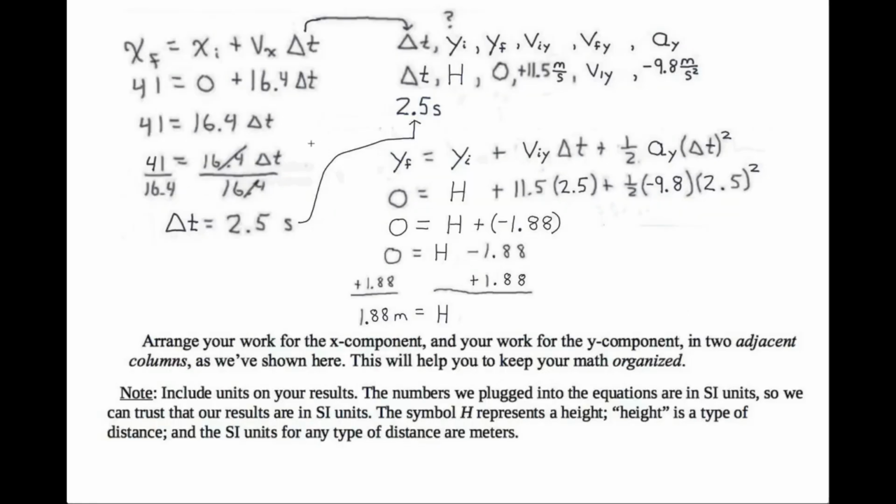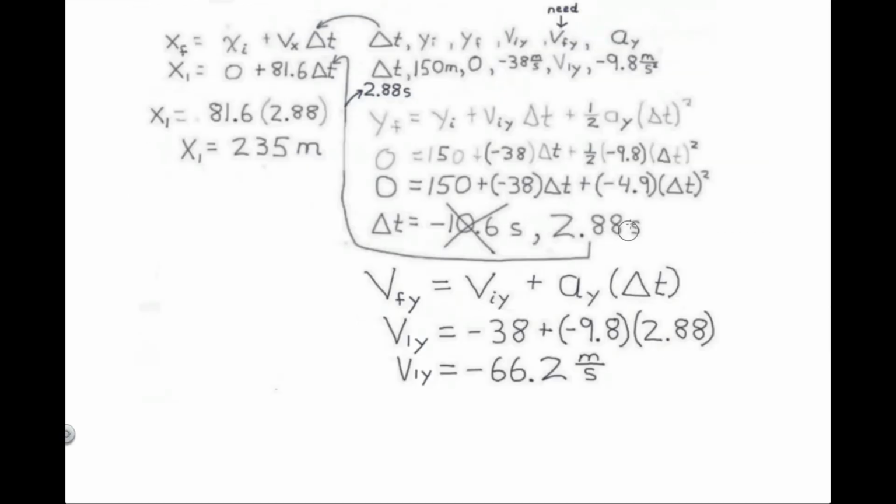In contrast, for this problem from the previous video, we used the x component to determine delta t, and then we plugged our result for delta t into the setup for the y component. Notice that after we used the y component to determine delta t, we also built that information back into our setup for the y component.